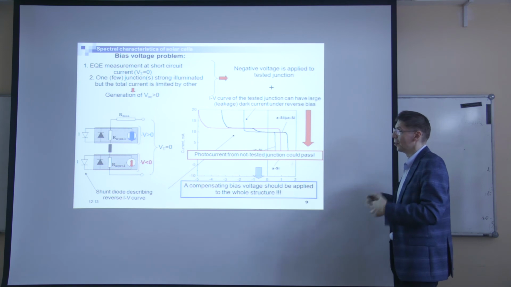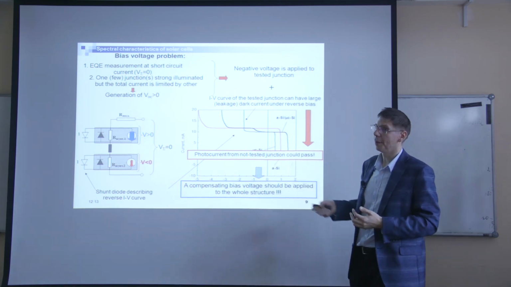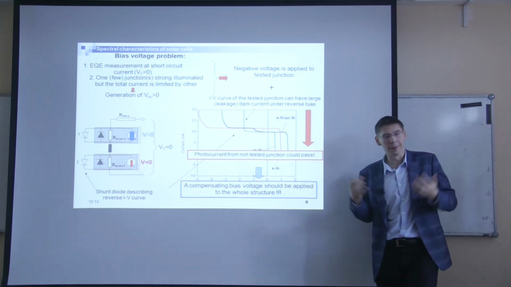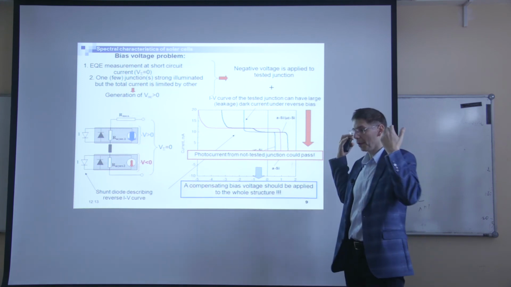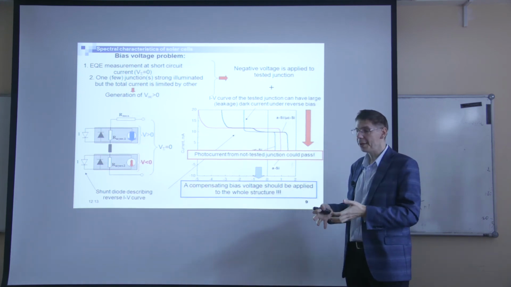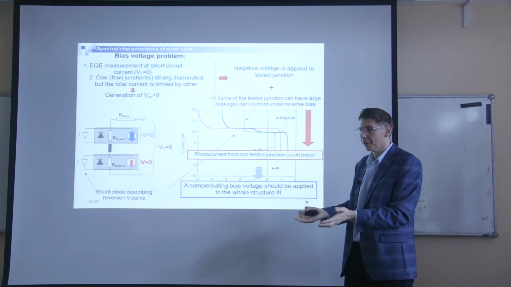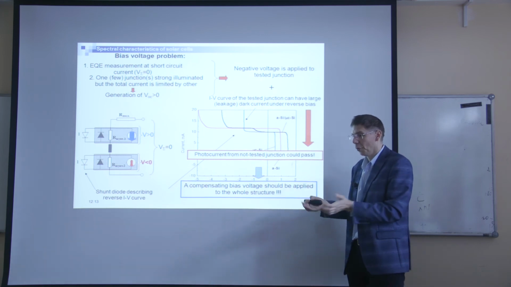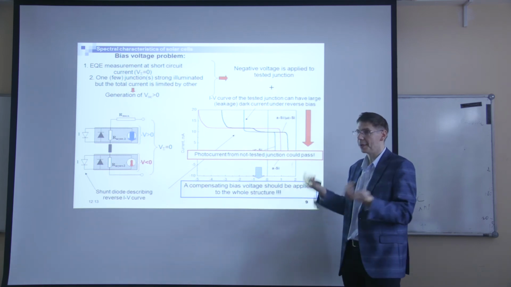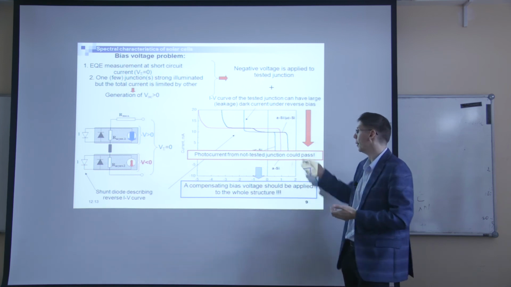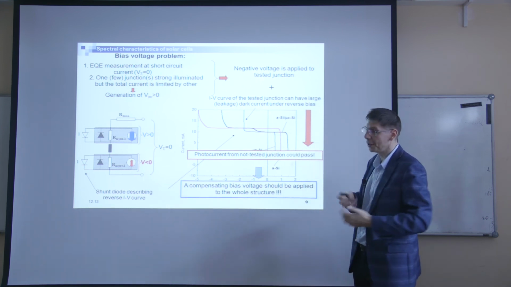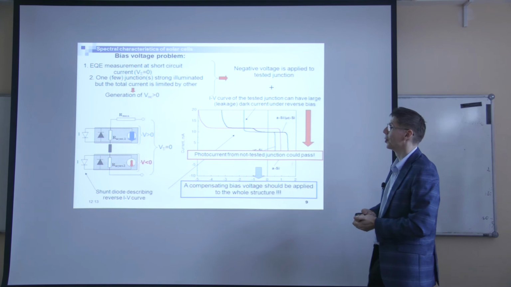illuminated subcell generates the positive voltage. Because if you have a lot of light and there is almost no current, you see, it generates a VOC. So you are rather in the VOC conditions than in a short circuit current condition.